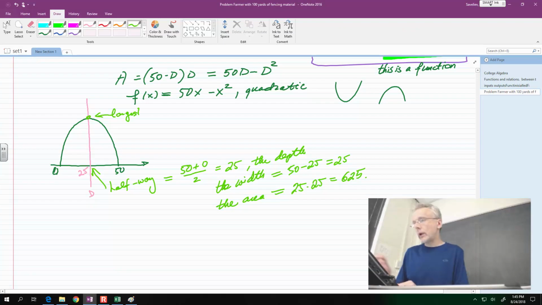We could have gotten that data if we went 1 yard at a time. We would discover that at 25 it is the highest value, right in the middle, and whenever we move to the left or to the right, no matter how close, we will get lower numbers. That is a very revealing example of how you can work purely with data, and you can just use Excel like that.